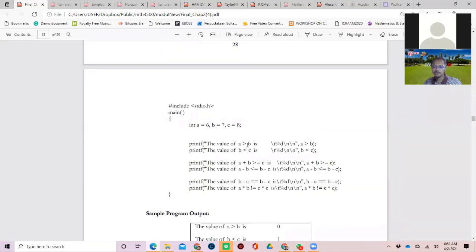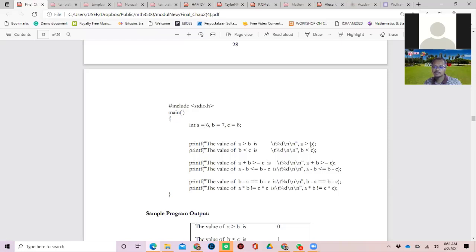Finish. Okay, now if you want to print like this, print the value of A greater than B is, so percent %d. This one is A greater than B, logically is it correct or wrong? A is 6, B is 7. 6 greater than 7, true or false? False.